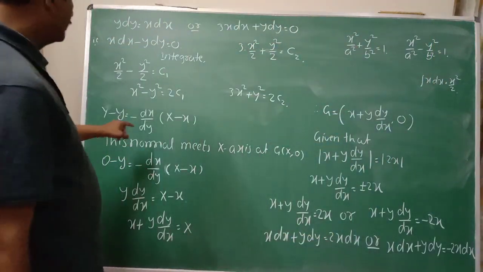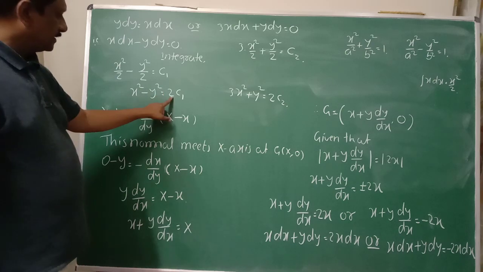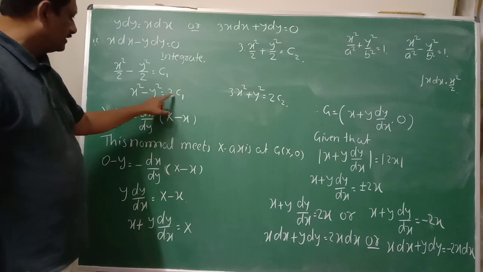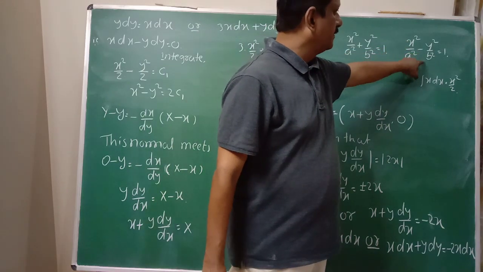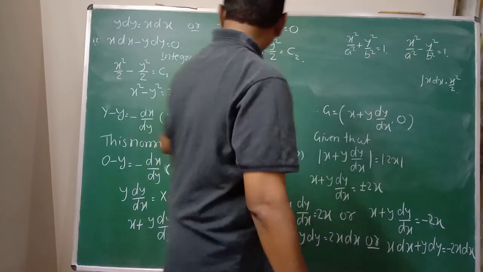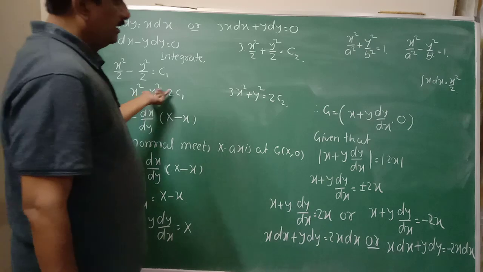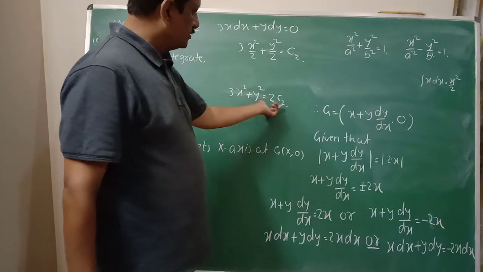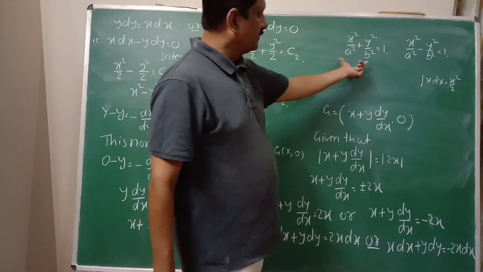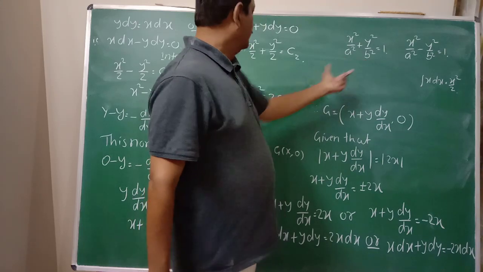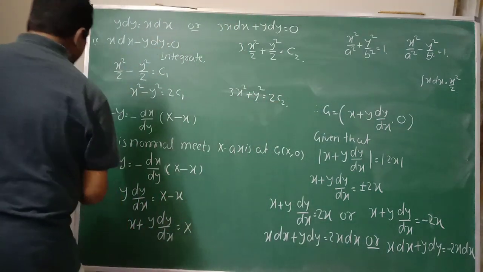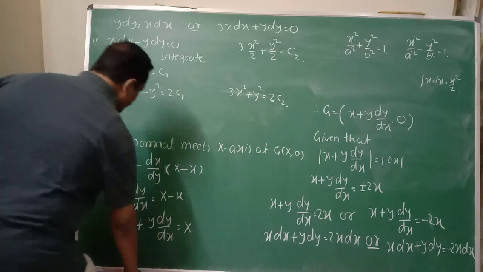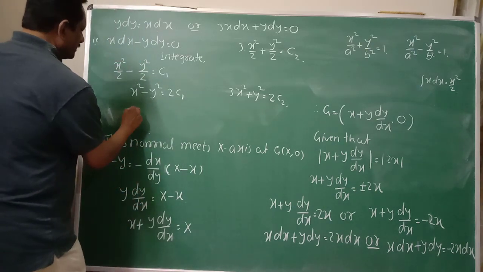So if you divide both sides by 2c1, the right side becomes 1, and this is in the form of x square by a square minus y square by b square is equal to 1, which means it is a hyperbola. Even here, if you divide both sides by 2c2, it gives the equation in this form, and obviously it is an ellipse. Therefore the curve is either hyperbola or ellipse.